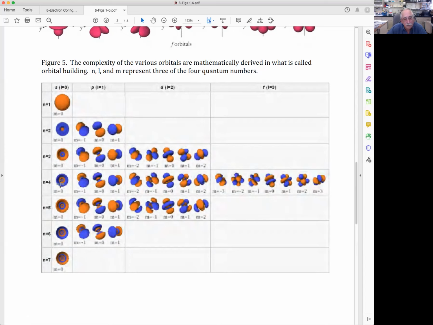And you get to shell number 4, you got even the F's now. And this is a problem for me because they just leave out these other ones over here. I'll show you why they do that, but essentially if n equals 5, it's even more complex. It should go way out past this, but they don't do it that way.